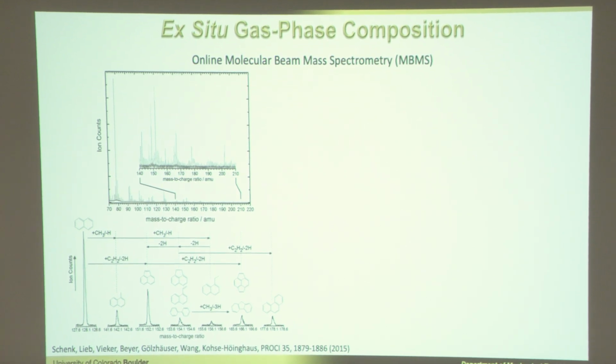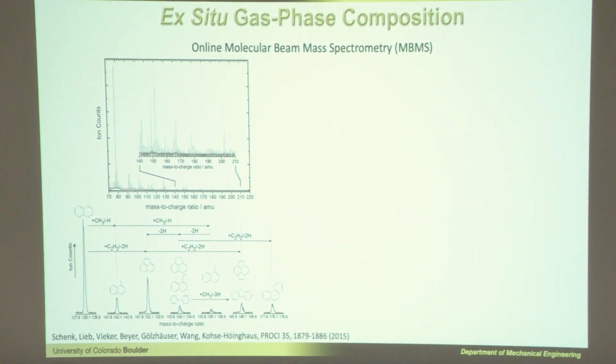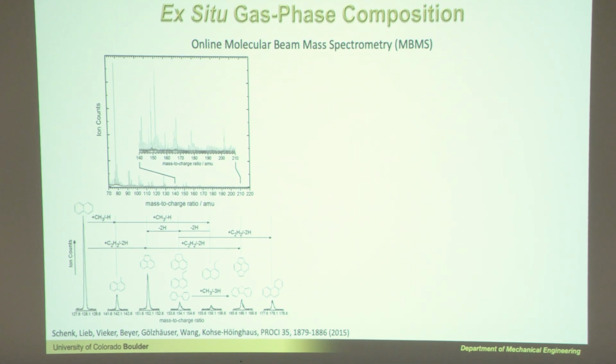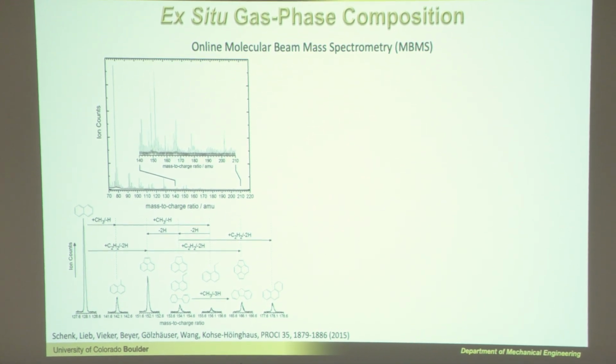Another thing they can do for this type of experiment is, instead of using a synchrotron, use resonance-enhanced multiphoton ionization. It's very similar to doing a LIF experiment, except instead of getting fluorescence after you excite the molecule with your laser, you ionize the species with the laser.